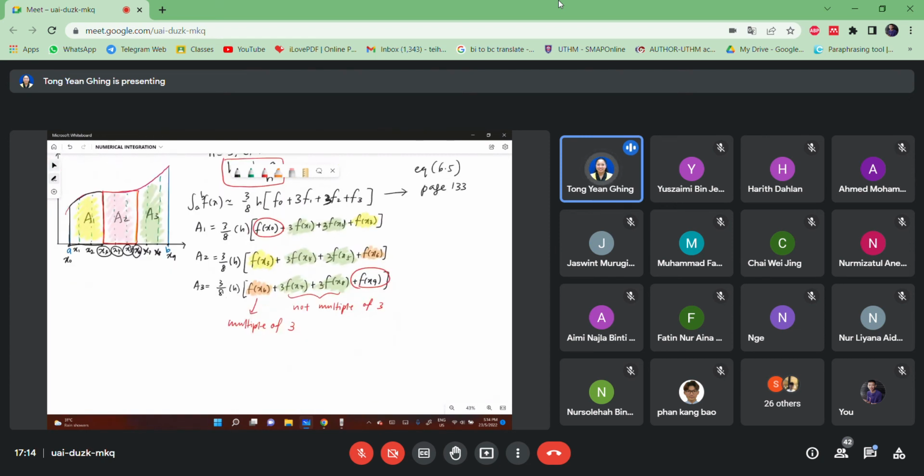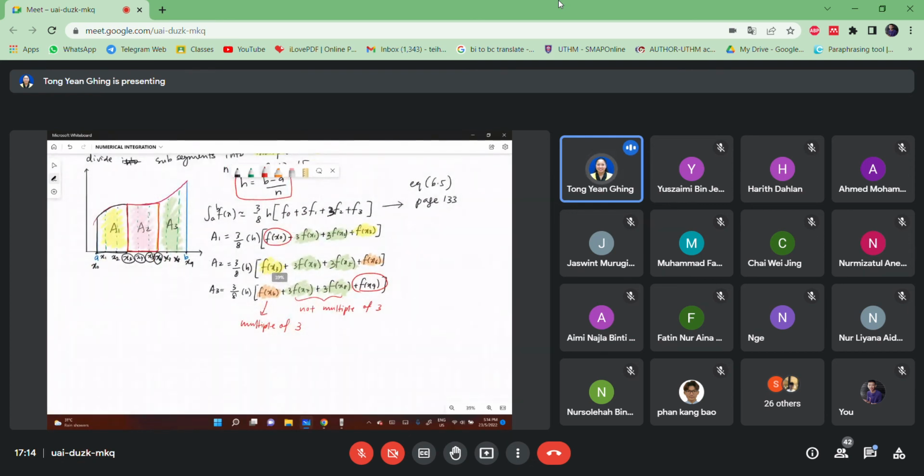And then here comes the equation of Simpson's 3-8 rule. It becomes like this: when we have the integral from a to b of fx dx, it becomes 3h over 8 times f naught plus fn plus 3 times the summation of fi.